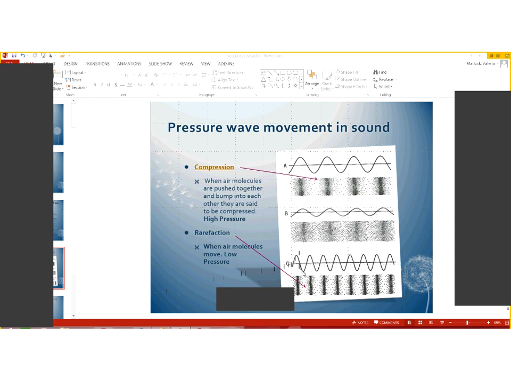So just a quick summary, it seems like the main difference between compression and rarefaction is force versus inertia. Yes. Okay.